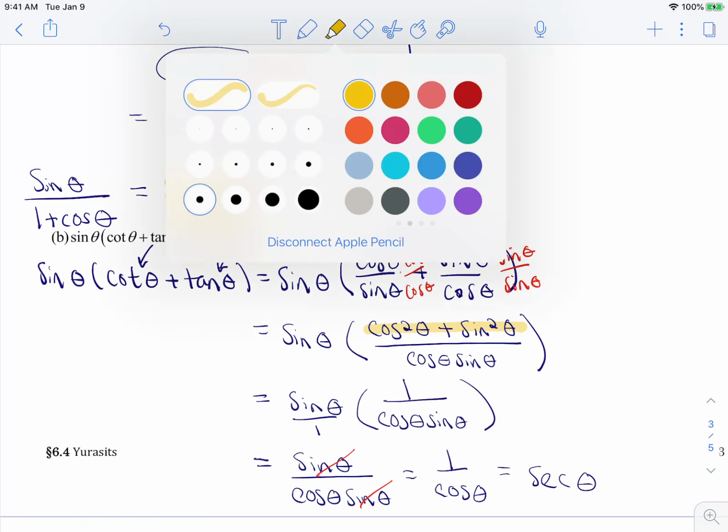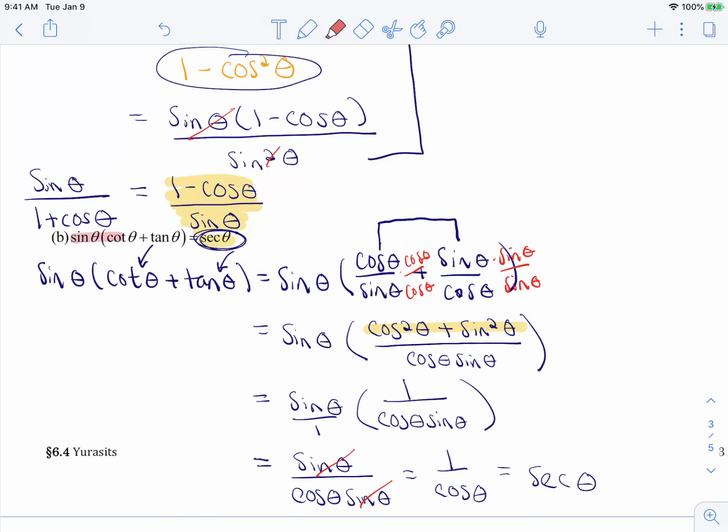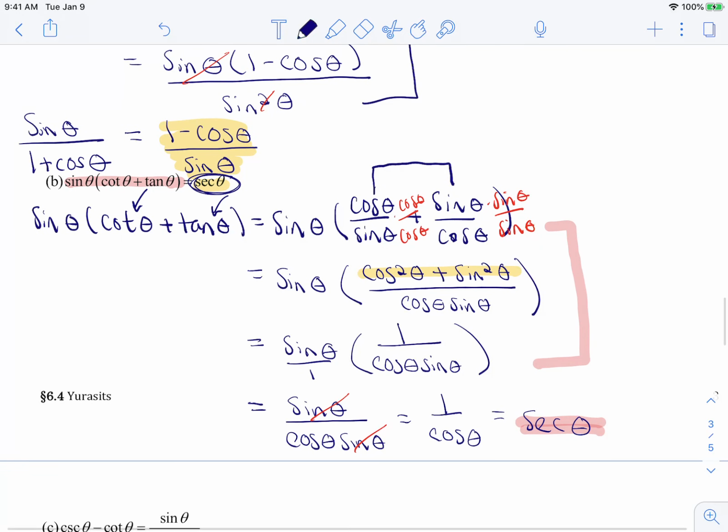So what you did is you did all this middle work to prove that this in fact equals secant of theta. So to get you in really good habits, you should rewrite what you started with, and then what you ended up with. Okay, I'll see you in the next video for more examples.